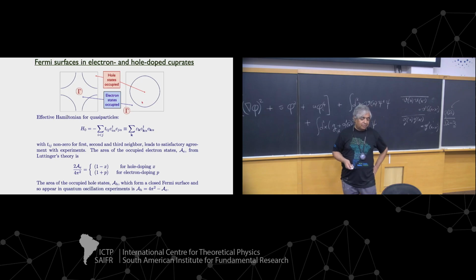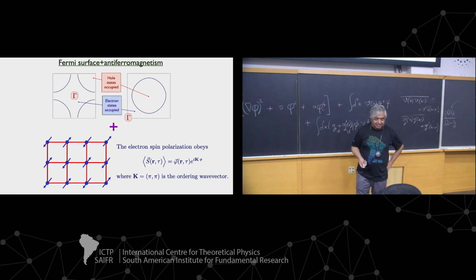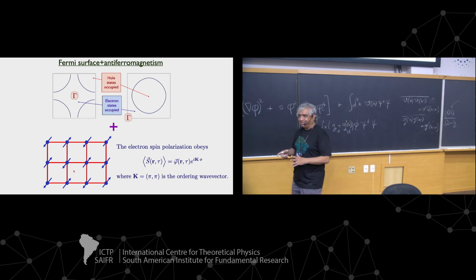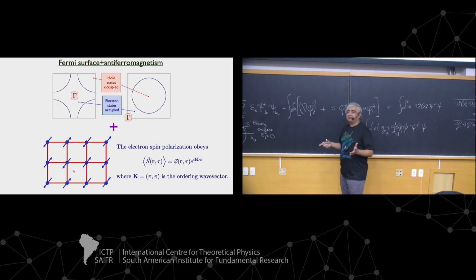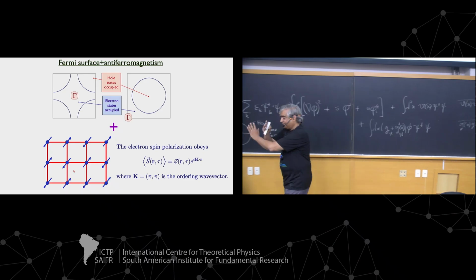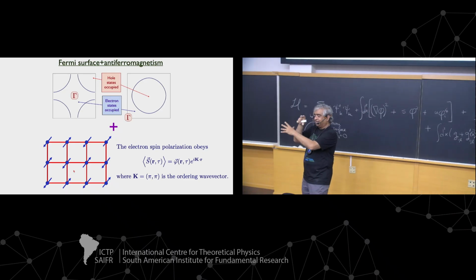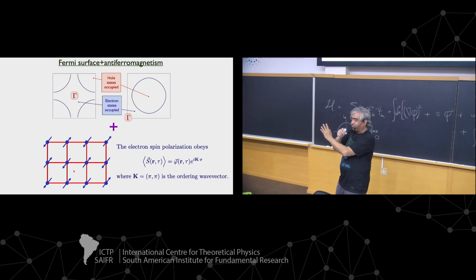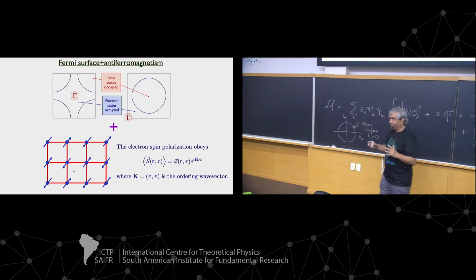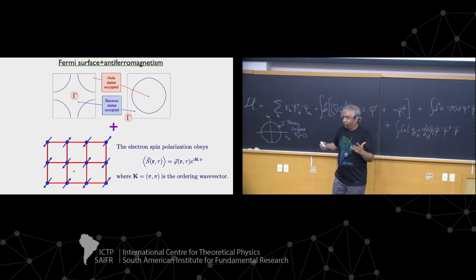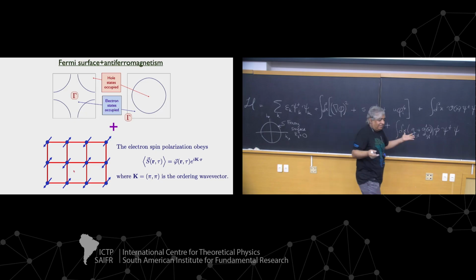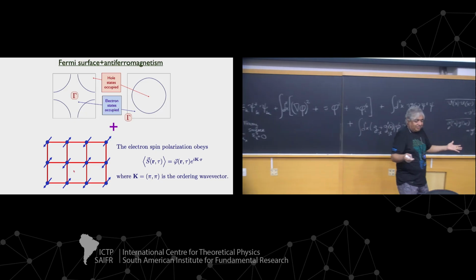All right, so now we're going to add antiferromagnetism, and here I think I drew it accurately. We're just going to add that, and for graphene it was very simple. You had a Dirac point, and it went from massless Dirac to massive Dirac fermions. So we're going to do the same thing here, but now it's going to be a bit more complicated. There is no Dirac fermion.